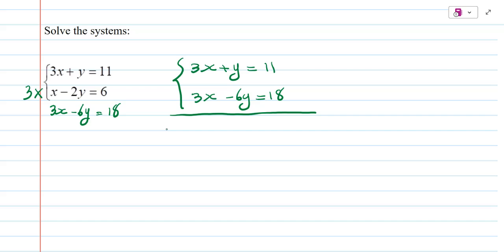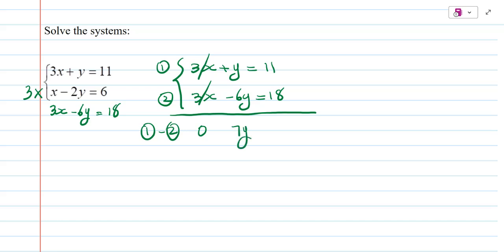So we have equation 1 and equation 2, and then you subtract equation 1 minus equation 2, and what you will get, 3x minus 3x, that's 0. y minus negative 6y, that is 7y.